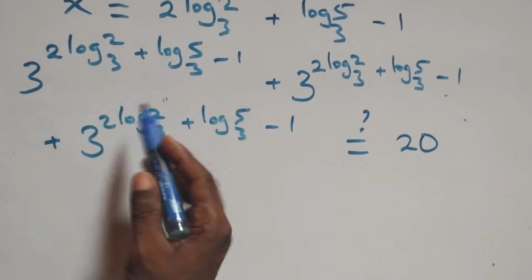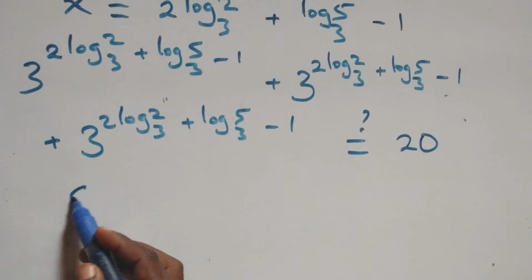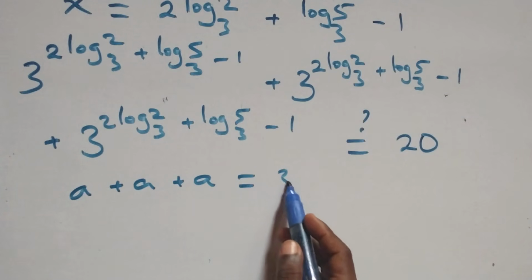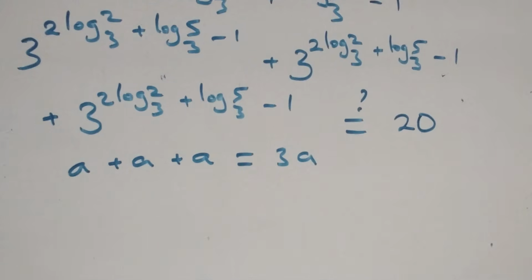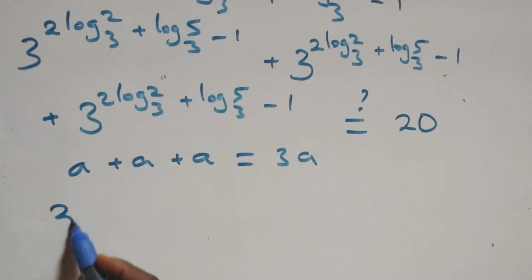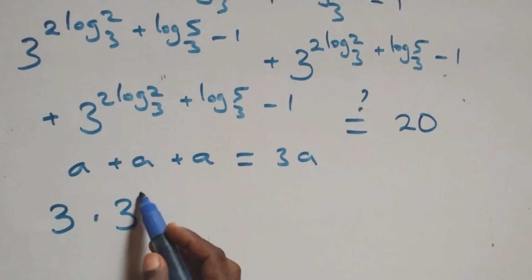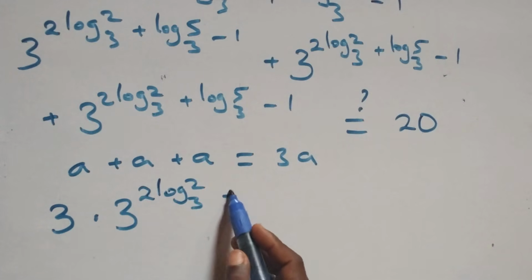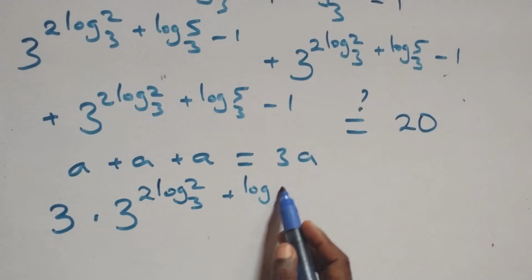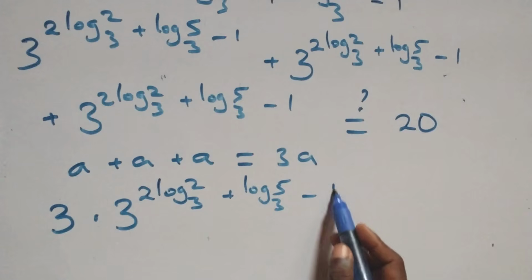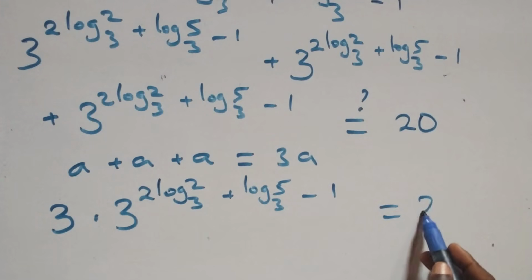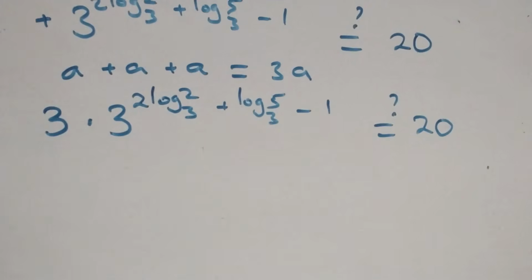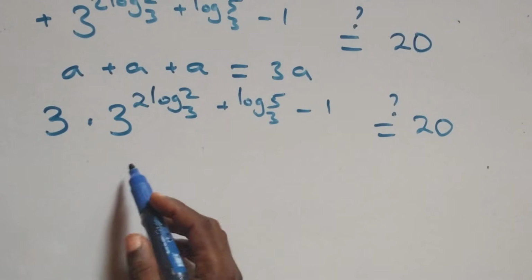Here, when we have the same thing together 3 times, that is a plus a plus a, we write this as 3 times a. So we have 3 times 3 raised to power 2 log 2 base 3 plus log 5 base 3 minus 1 equals 20. And this follows the law of indices.